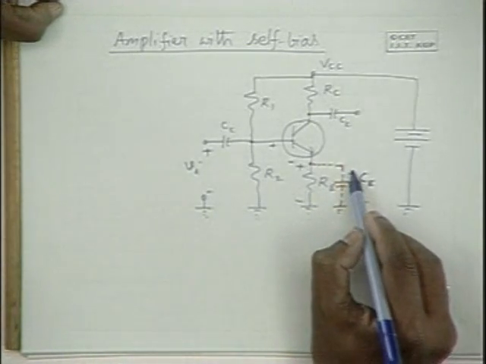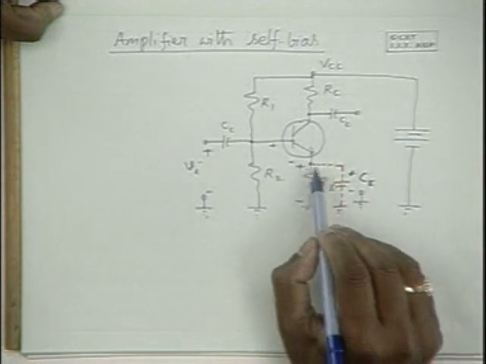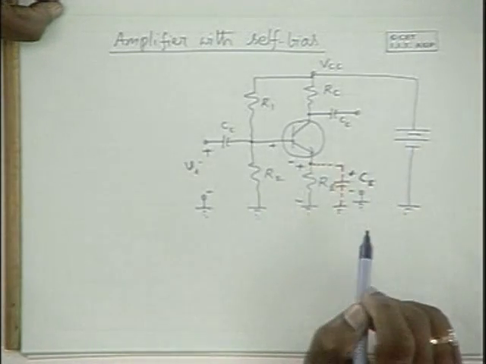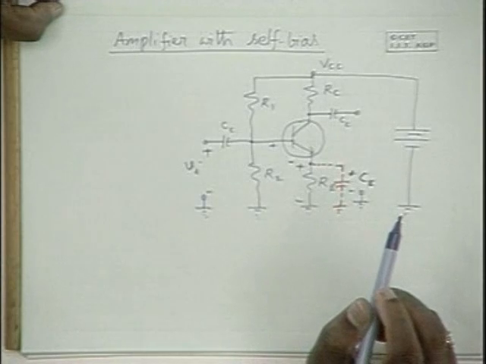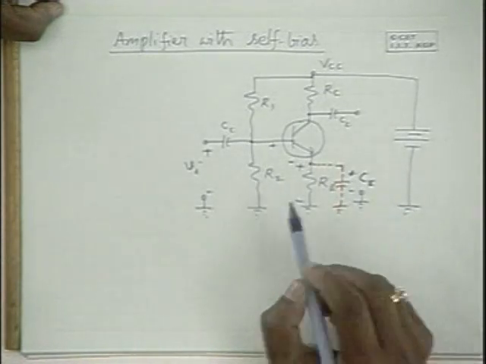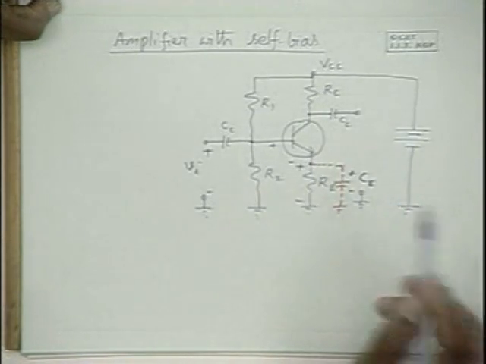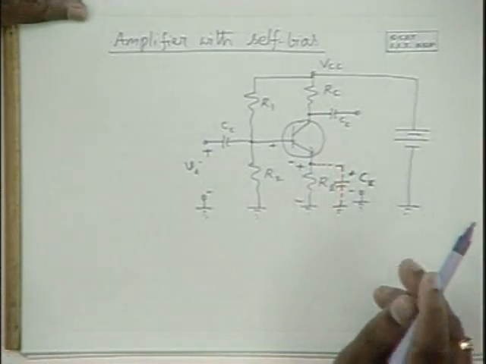Hence, we use a large capacitance to bypass the emitter resistance. The objective is to increase the gain of the amplifier while maintaining the stability of the DC biasing.